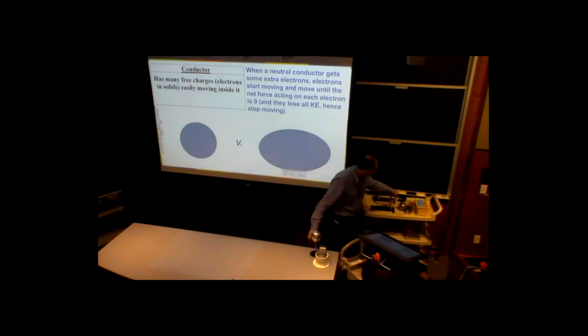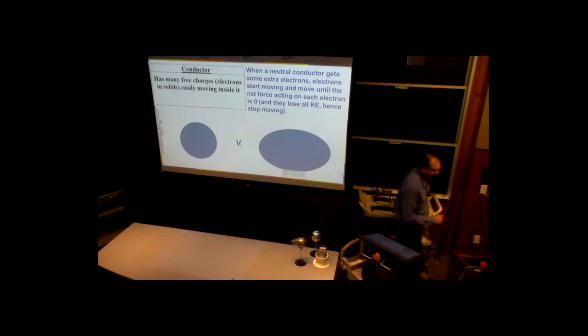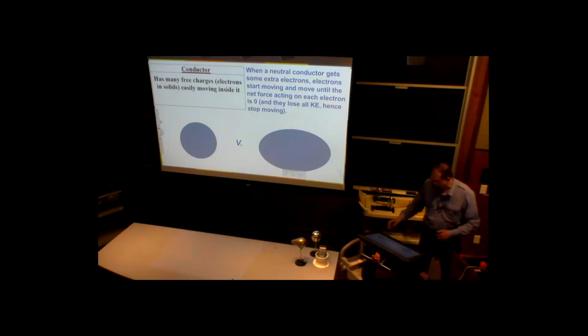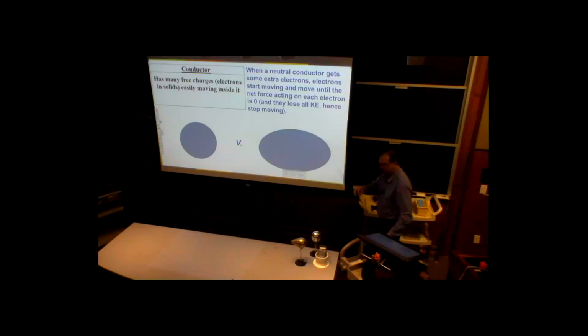What if we have something like a pear? In that situation, actually, we're going to have more electrons here than here. Well, we don't have to prove it, but we need to remember that in addition to repulsion between electrons, there are other forces acting on those extra electrons.